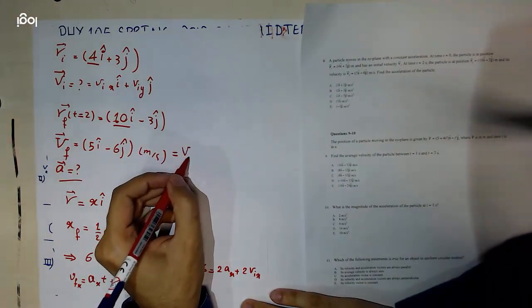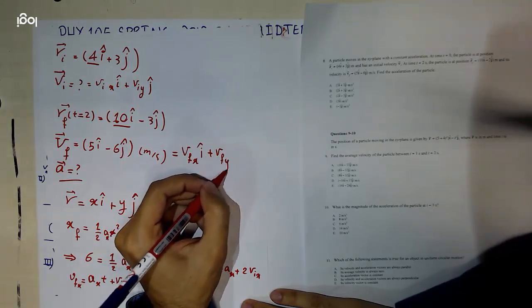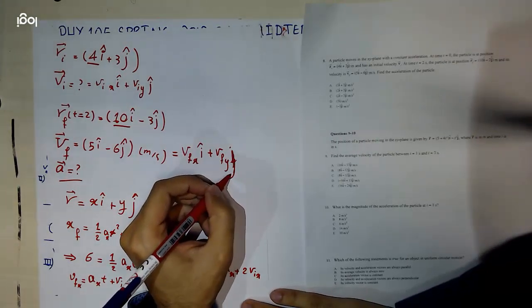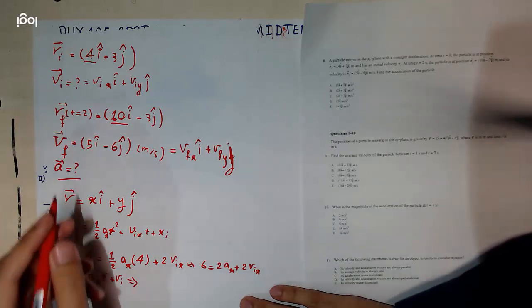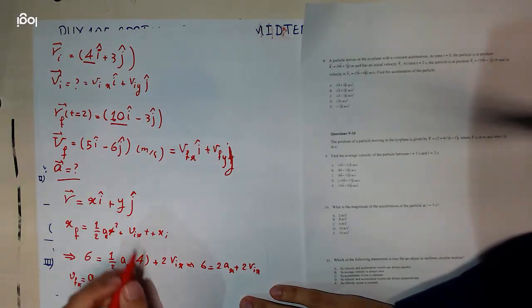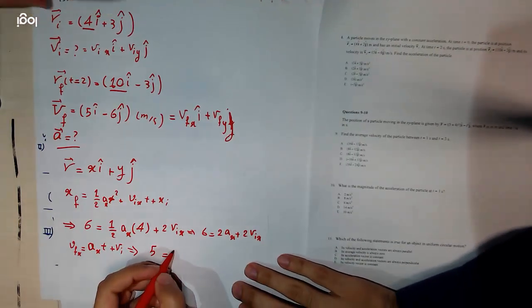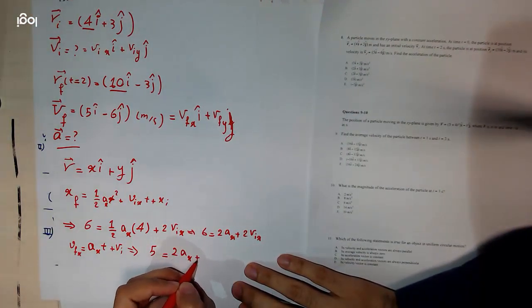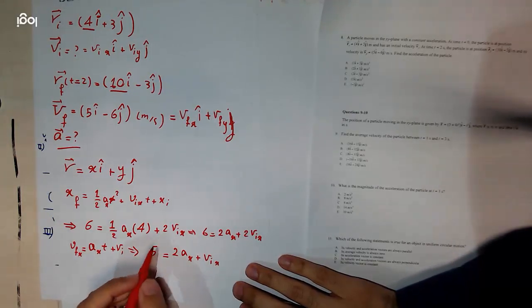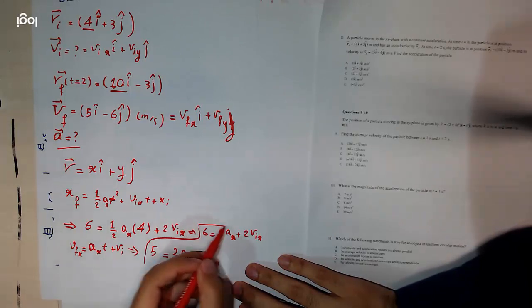Again, don't forget that V final is equal to V final x i hat plus V final y j hat. So from here we can say that 5 is equal to 2 a x plus V initial x. Okay, we have these two equations for now.